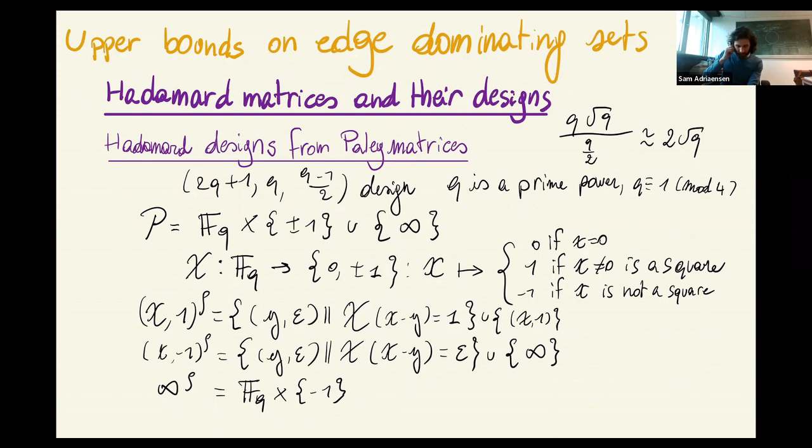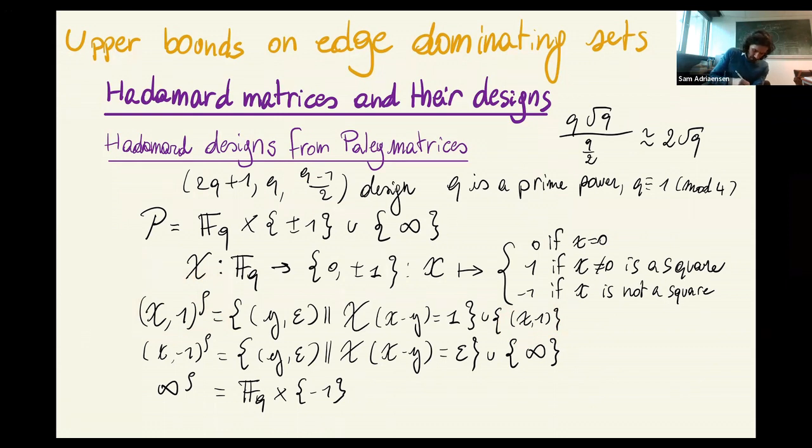Now, if you look in the polarity graph, if you take a point of the form x1, it will always be adjacent to itself because x1 is contained in its image under the polarity. So here you will have a loop, and therefore it can never occur in a co-clique. So this is not very interesting.